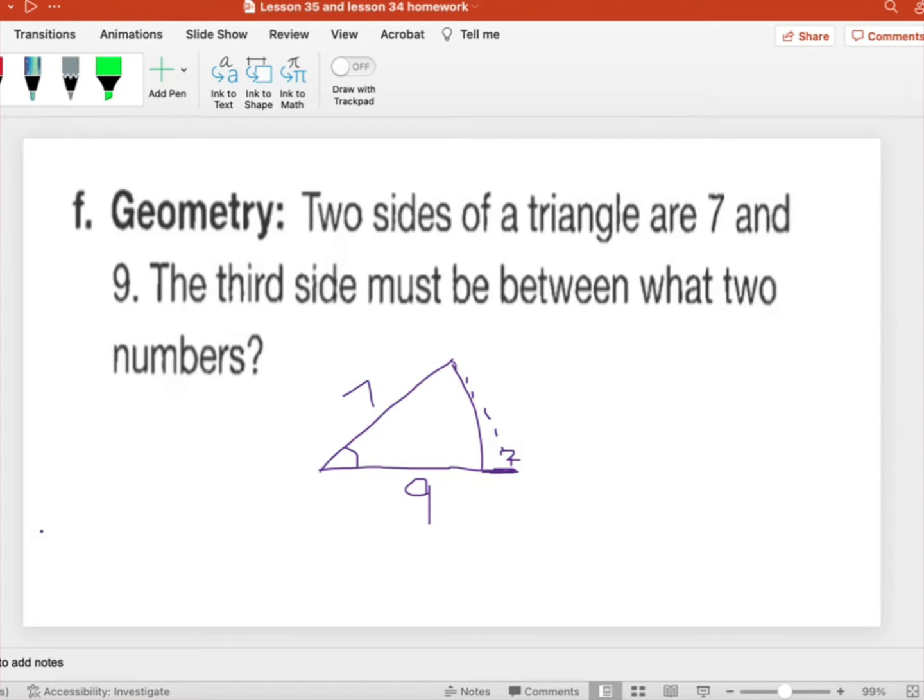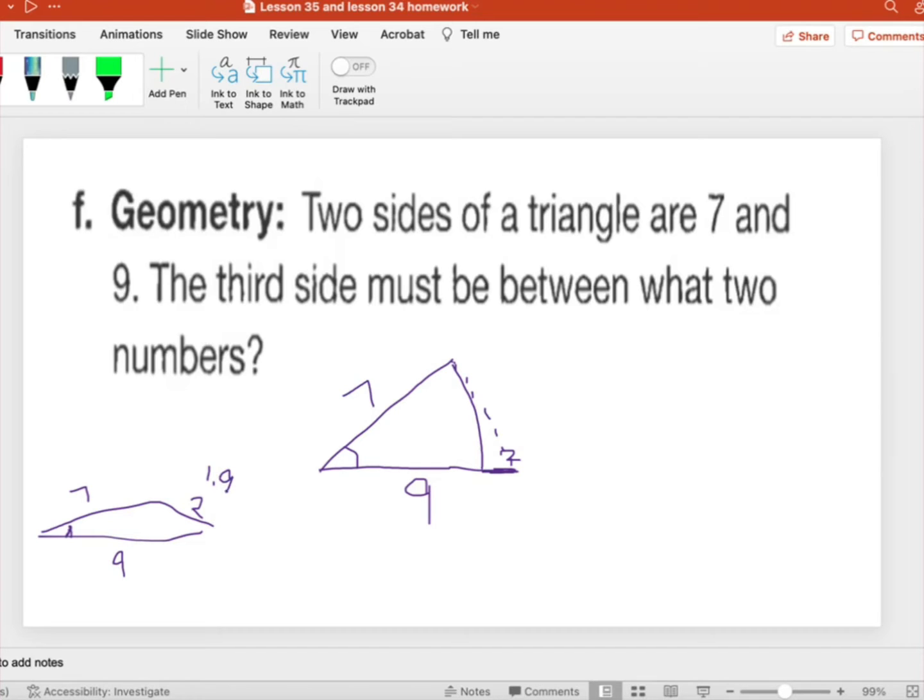So basically what I'm saying is you would have 2, you would have 7, 9, and if this was a very, very tiny angle, this one would be a little bit less than 2, maybe 1.9.